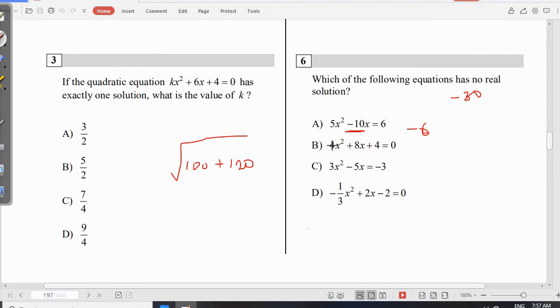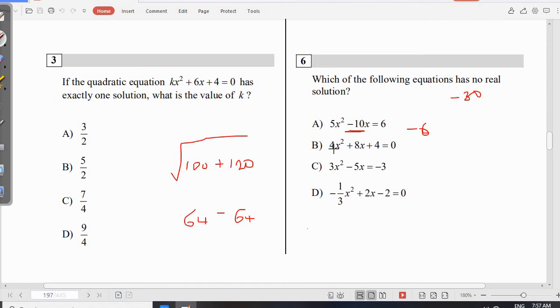So let's try this other one. So you have b squared, 64. Minus 4ac. 4 times 4, 16 times the 4 there. That's 64. So we have 64 minus 64. So from this one, you have 64 minus 64. This one will only have one solution, because 64 minus 64 is 0.